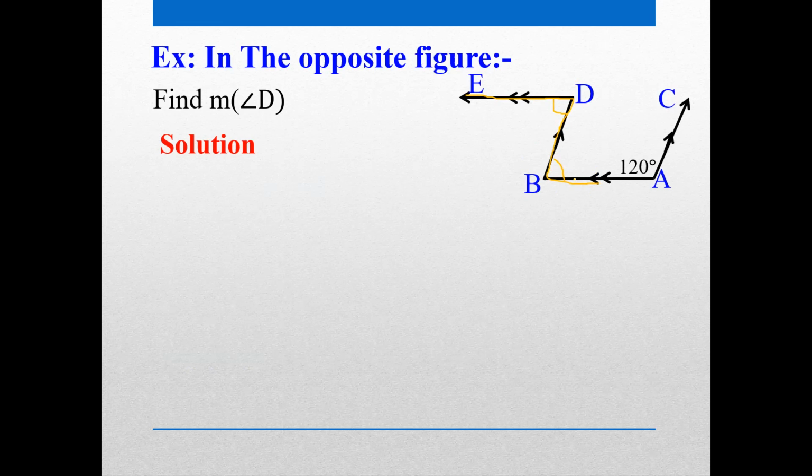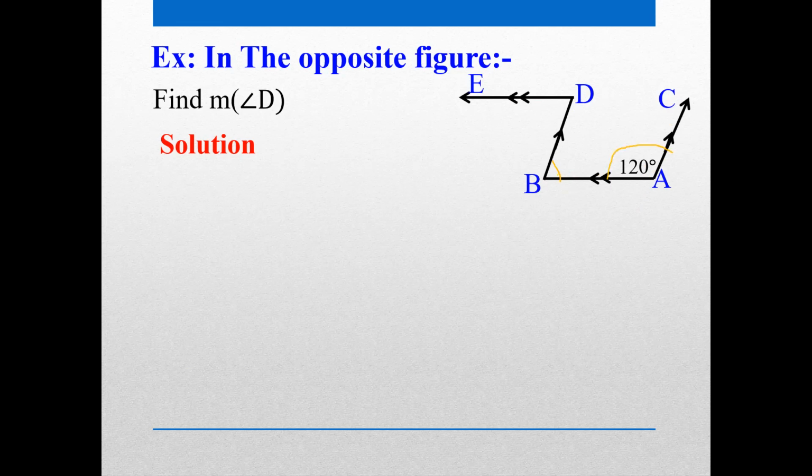We can find it. How? If we find angle B, it's so easy to find angle D. Angle B: we have BD parallel to AC, and angle A is 120 degrees.